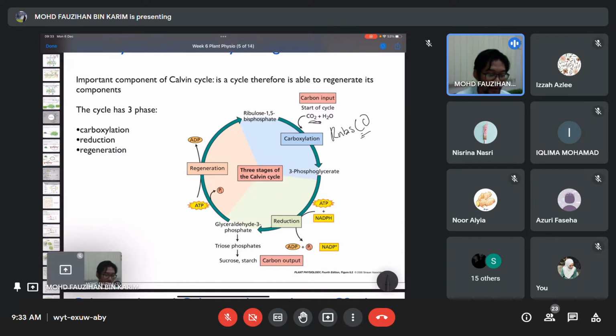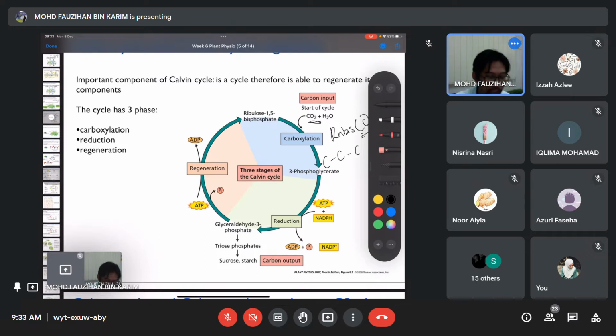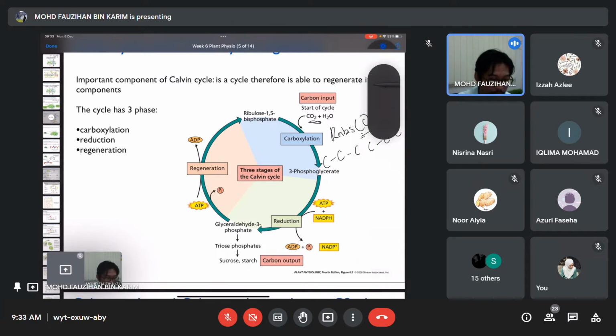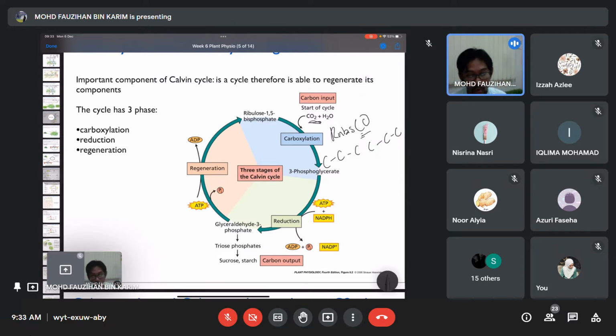And then rubisco helps in the carbon dioxide fixation, and then it will transfer to ribulose 1,5 biphosphate to become a 6 carbon molecule. This molecule is not stable, right? The 6 carbon molecule is not stable, and then it will break down into 2 molecules of 3-phosphoglycerate.